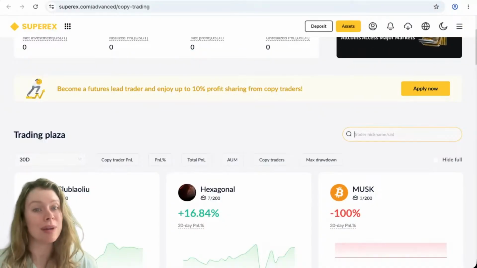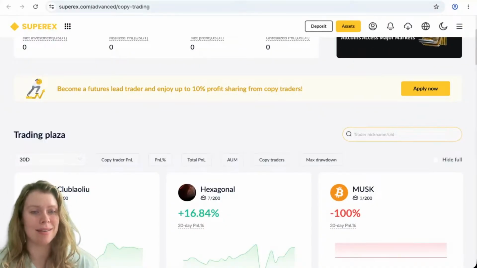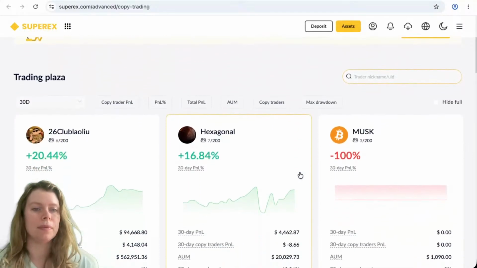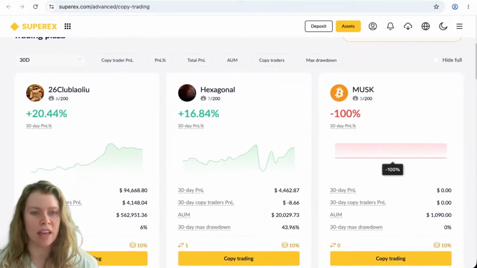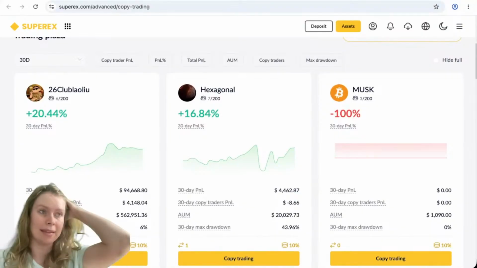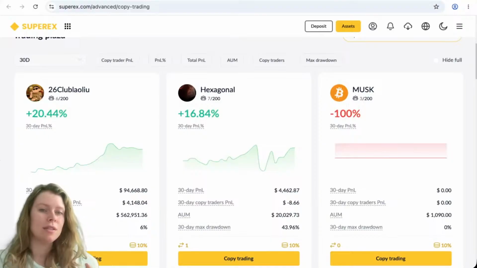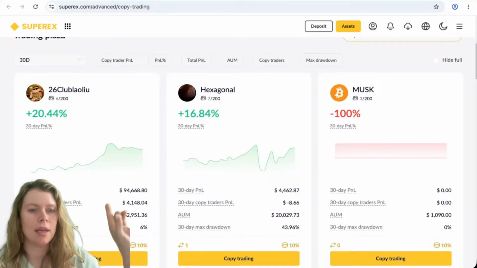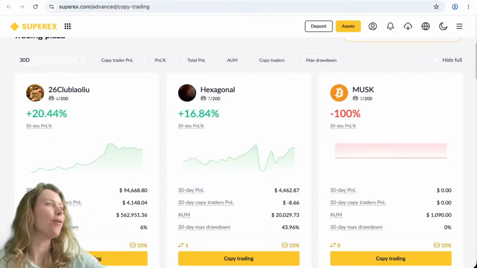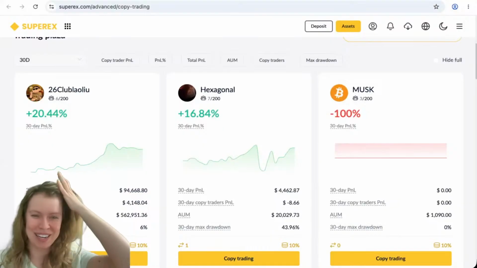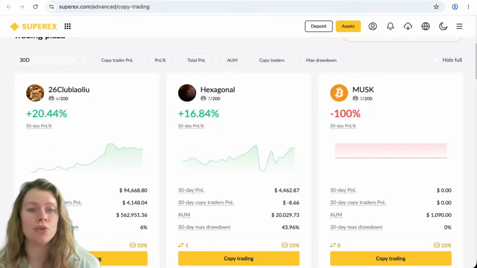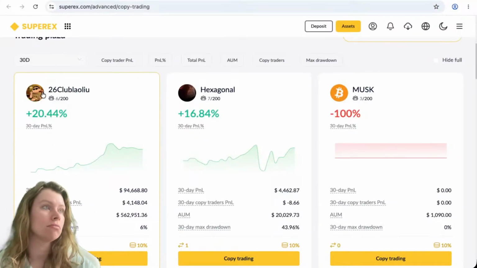Okay, let's have a look at reading a lead trader's card. So scroll down a little bit and this is where we get to see the goods. Every lead trader gets a card like this, and if you decide you want to do it yourself, you'll get one as well, okay? So number 1 I want you to look at, sorry, I'm pointing because I have my 2 screens here. Each card shows you the trader's profile picture up there.